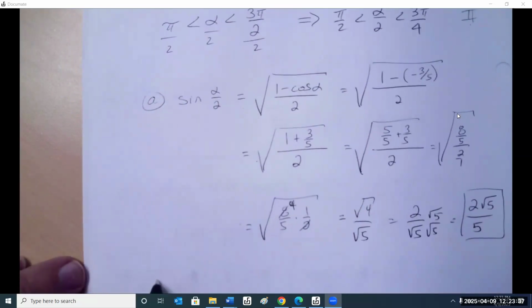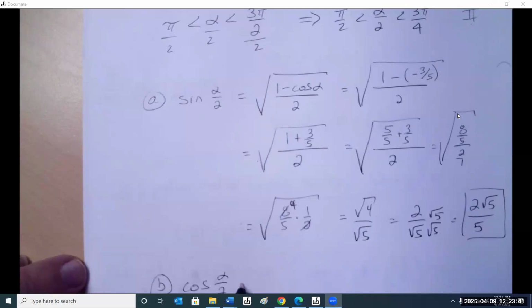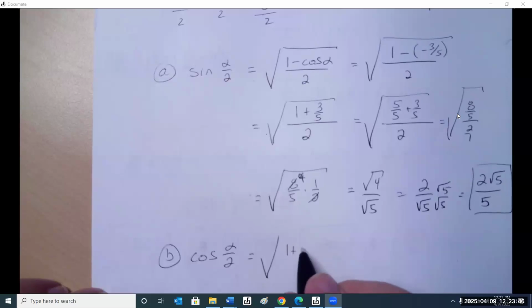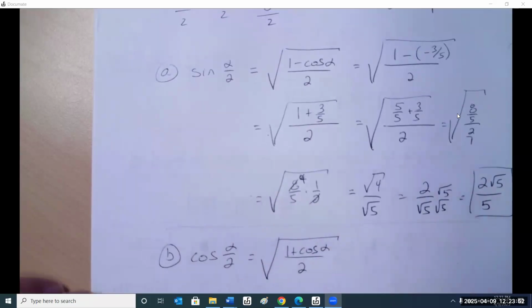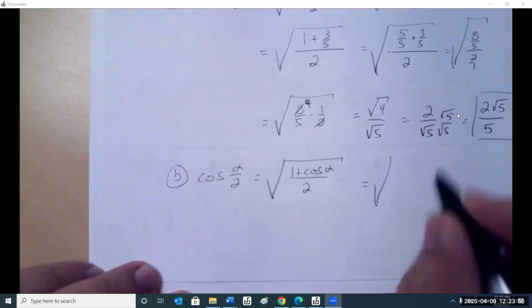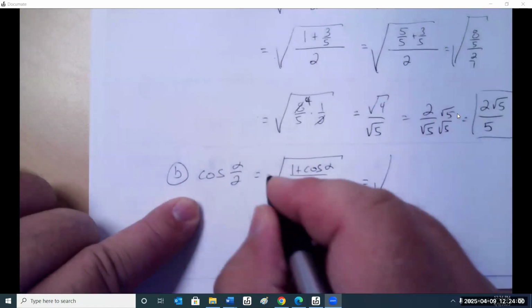There you have it. The cosine of alpha over 2 is the square root of 1 plus cosine of alpha over 2. And in cosine, in quadrant 2, we're negative.